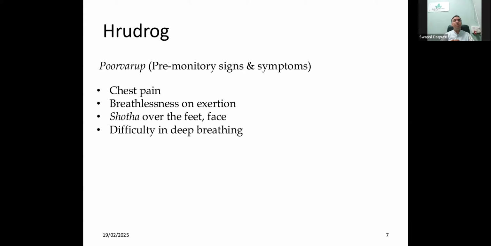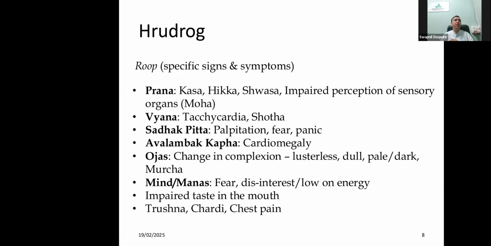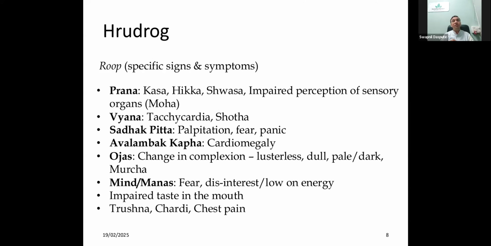Difficulty in deep breathing. Okay, difficulty in deep breathing may be one of the Purva Rupa which may be seen. So how can you relate difficulty in deep breathing to pranavaha srotas or pranavayu? Yeah, abnormality in the functioning of pranavayu.